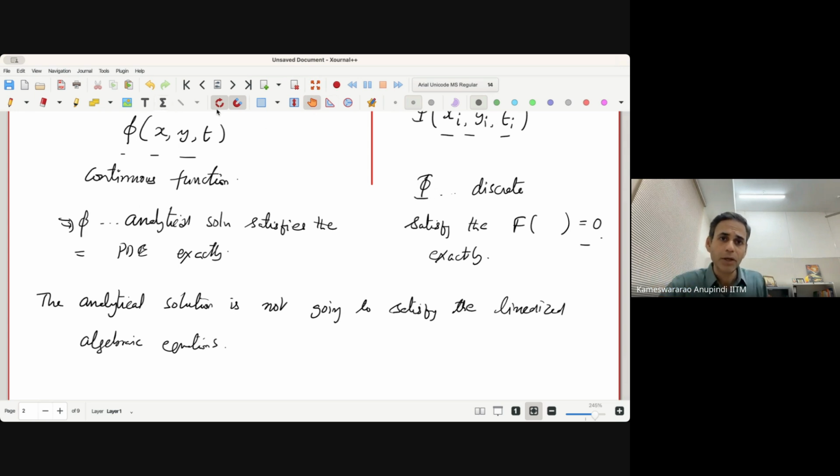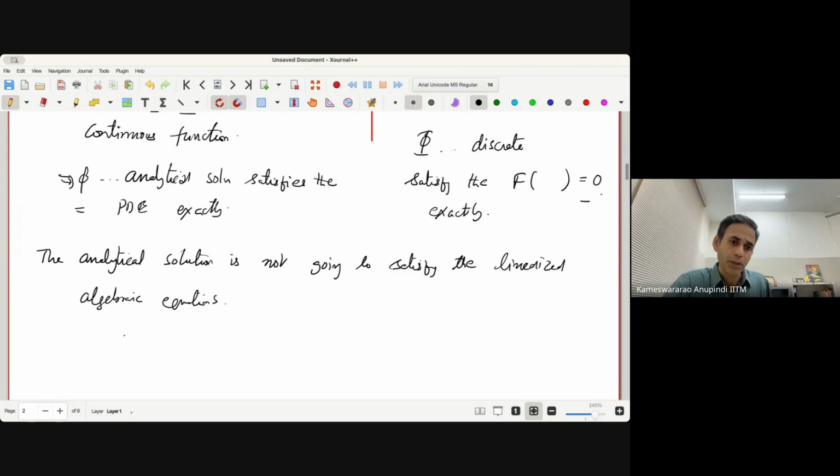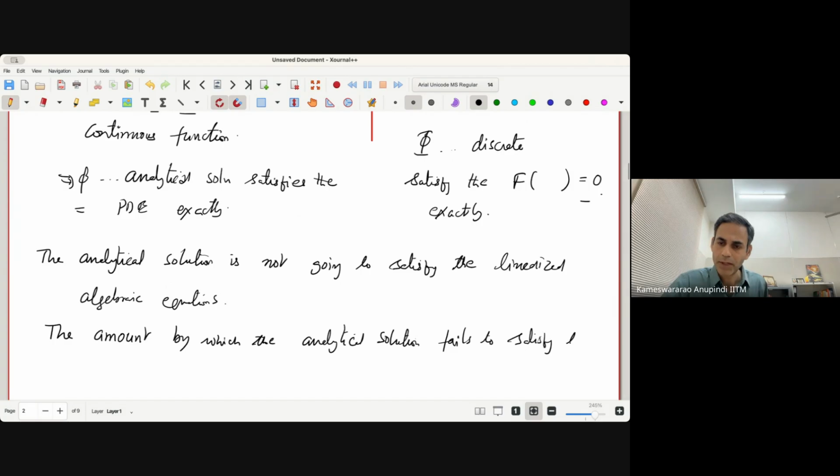So as a result, the amount by which the analytical solution fails to satisfy the algebraic equations is known as the truncation error.